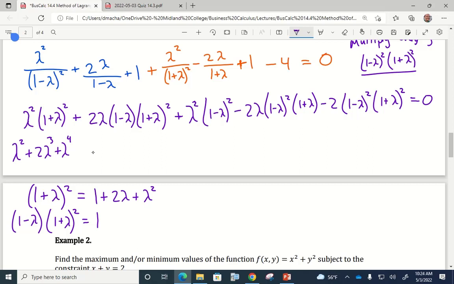Minus 1 times lambda is going to be plus 1 lambda. Then I have 2 lambda times negative lambda gives me minus 2 lambda squared. Plus 1 lambda squared is going to give me minus lambda squared. And then finally there's going to be minus lambda cubed.